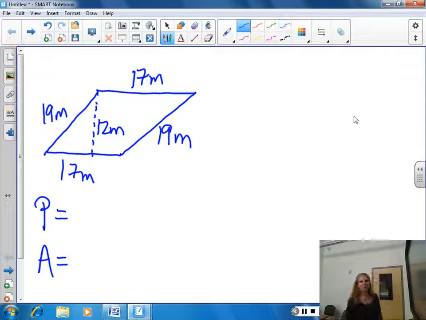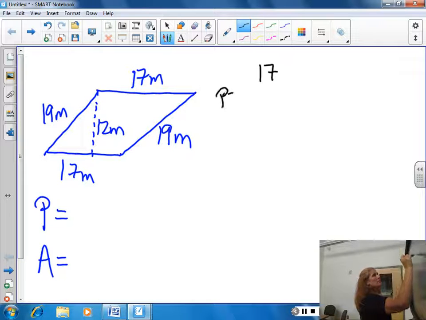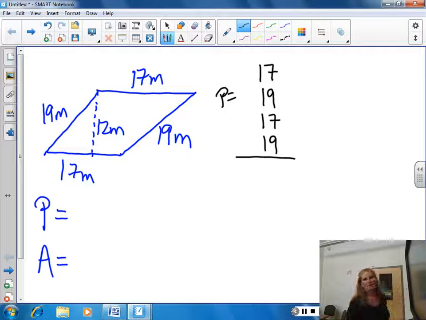The perimeter is add up all sides. Remember that 12 is inside, has nothing to do with the sides, so that's going to be 17 plus 19 plus 17 plus 19. 9 and 7 is 16, plus 7 more is 23, plus 9 more is 32.